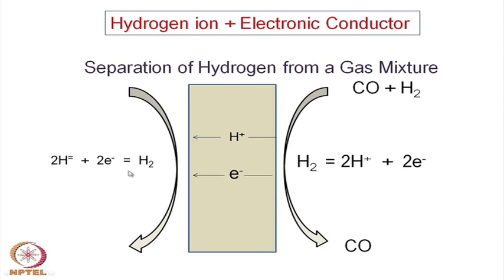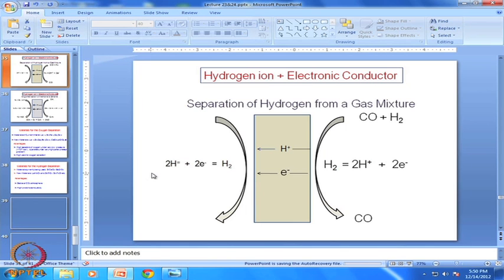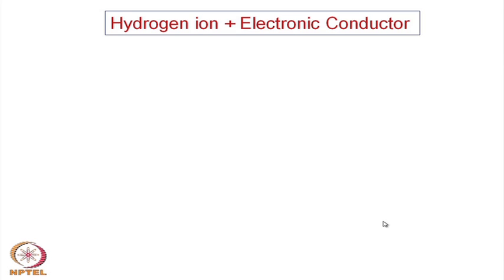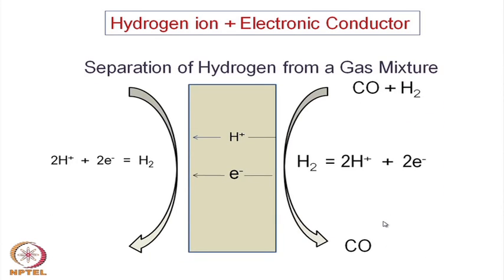Okay. So, let me change that and let me correct that. Right. Okay. So, 2H plus 2 electron, that will make H2.